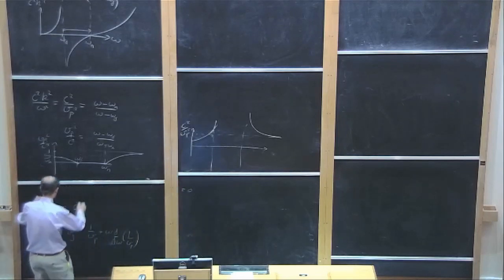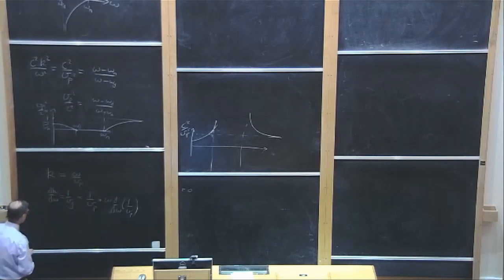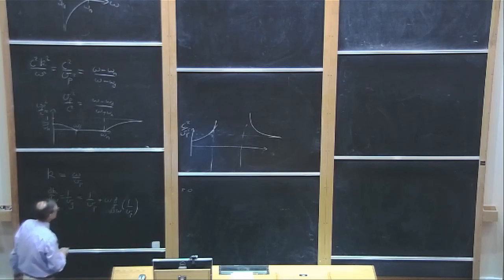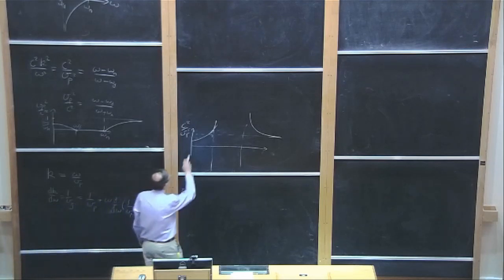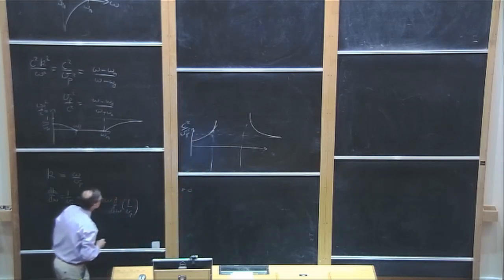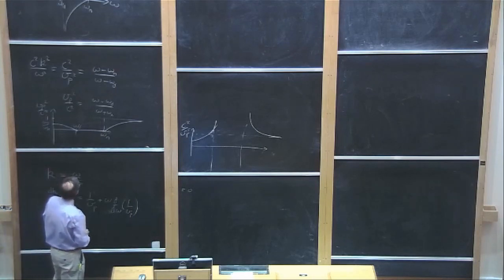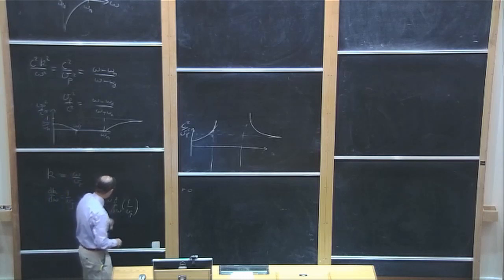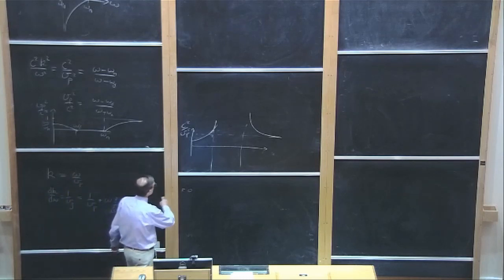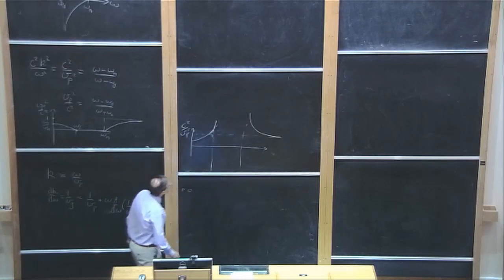So that just tells us what we need to know. 1 over v phase is the square root of this, which makes some difference, no doubt. But 1 over v group is 1 over v phase plus omega times the derivative of 1 over v phase. So the derivatives here and here, you'll notice, are infinite.